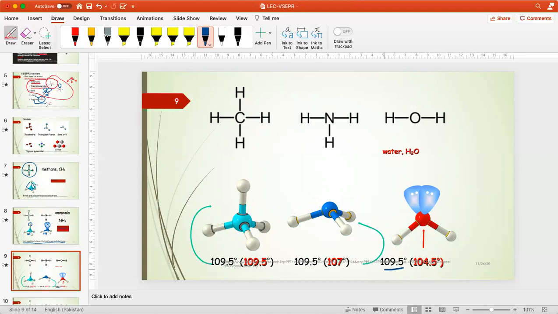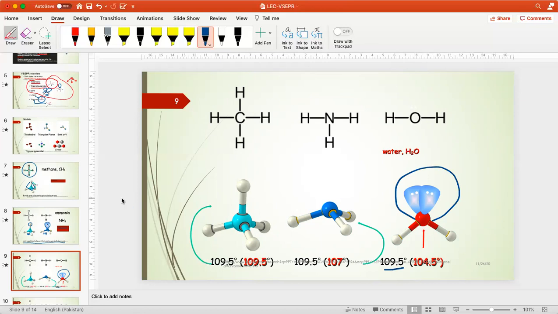Why the original angle is 109.5? Due to the 4 attachments and the tetrahedral original structure. So distorted structure क्या है? This is the bent structure is the distorted structure. And what is the angle? Angle is 104.5. What's the reason? The reason is this repulsion, right?